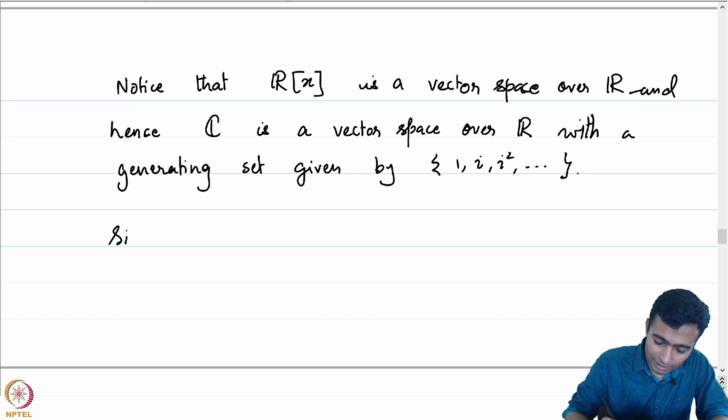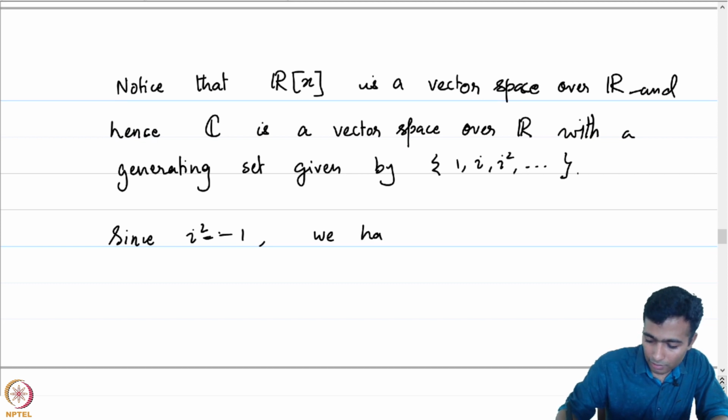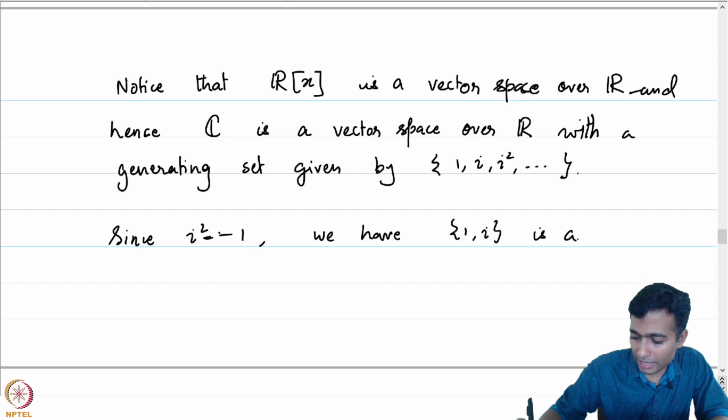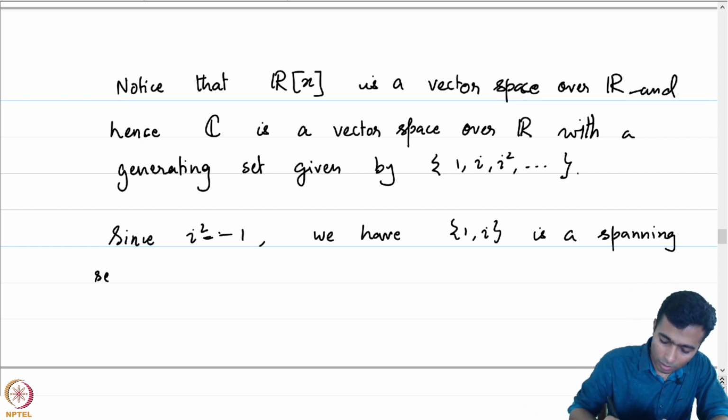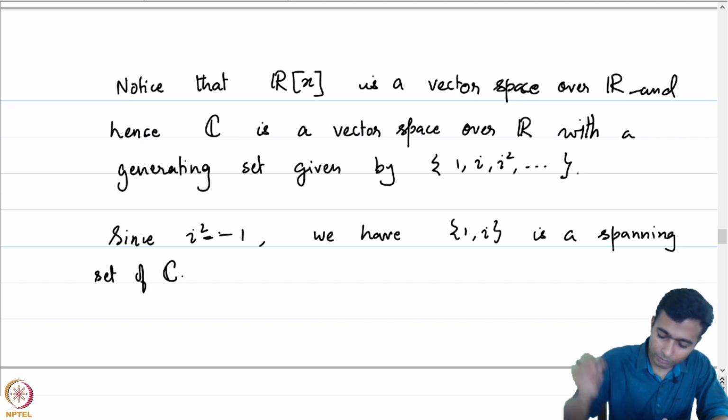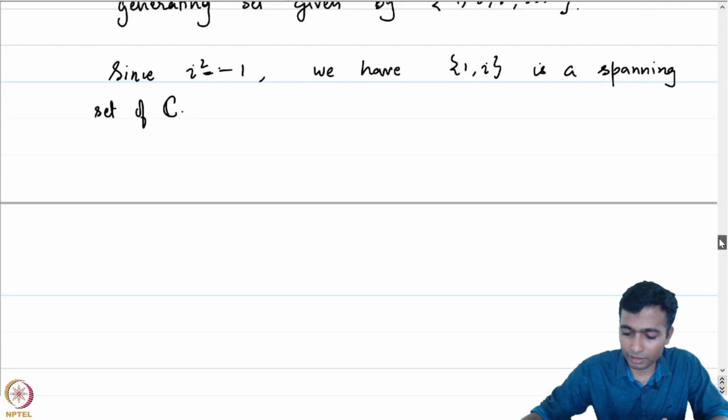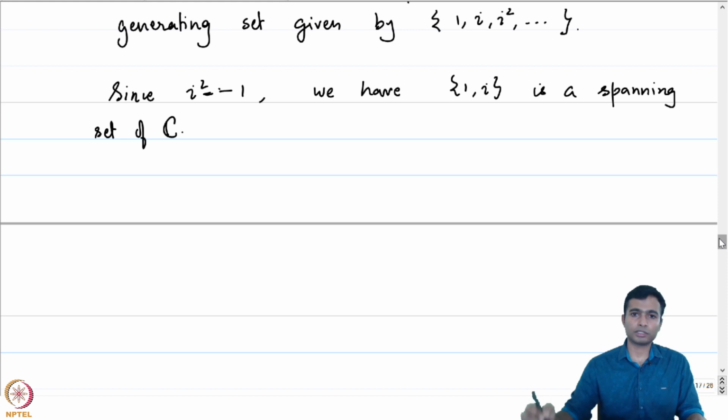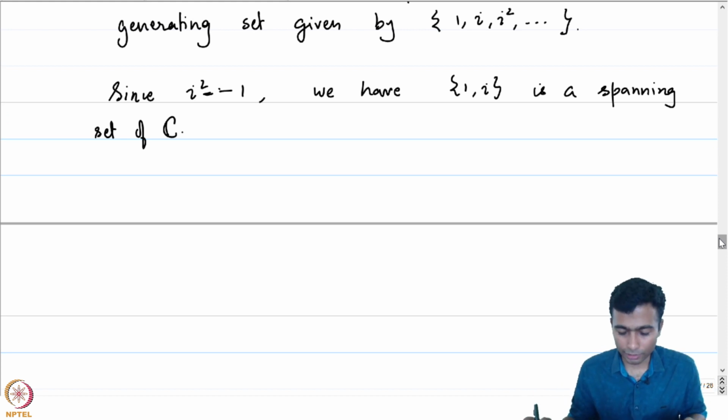And since i square is minus 1, we have 1 comma i is a spanning set of C. So we have a set consisting of two elements, which is a spanning set of C.